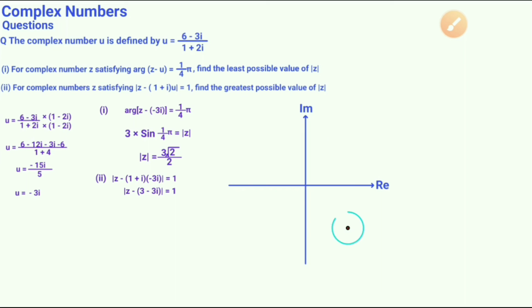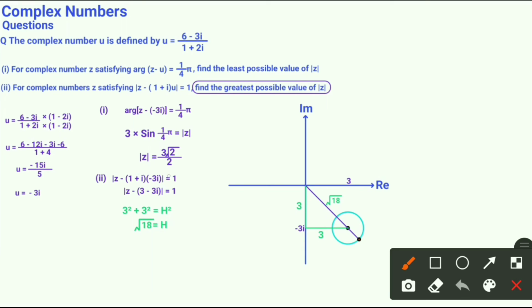Part 2, for complex number z satisfying this, find the greatest possible value of this. So 1 plus i, then simplify, then these are the coordinates.